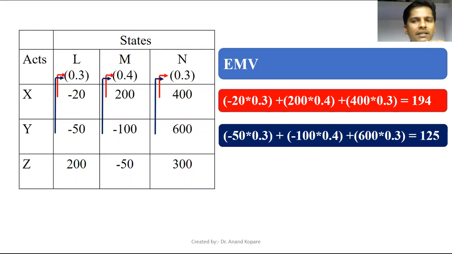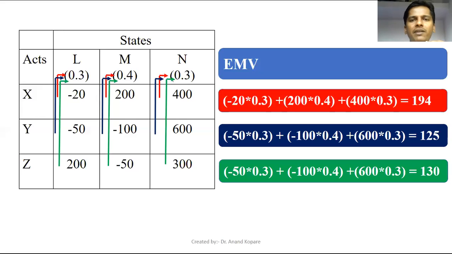For the third row: 200 into 0.3 plus minus 50 into 0.4 plus 300 into 0.3. This is how you find the EMV for each act, and out of these you have to suggest the best EMV.